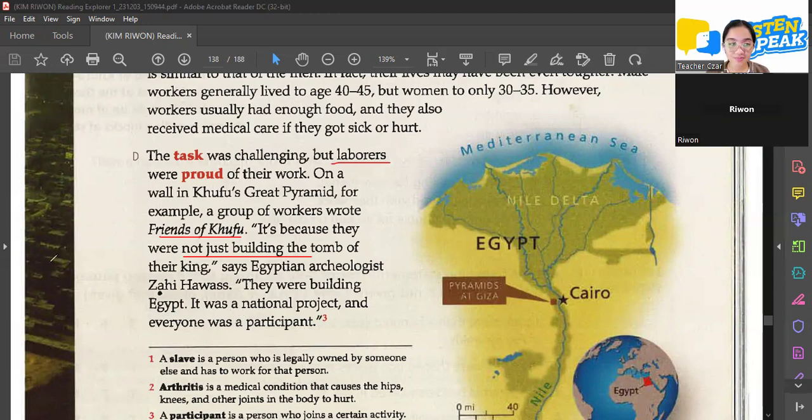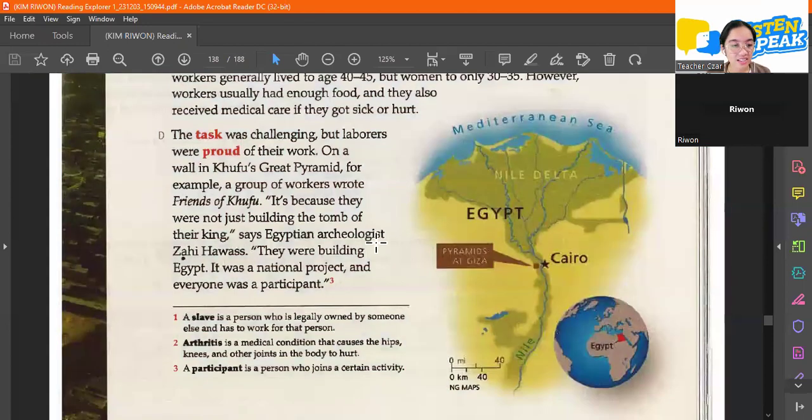Any questions? Okay, do you have any questions? No? Okay, so you have the slave here, a person who is legally owned by someone else to work for that person. Arthritis, a medical condition that causes the hips, knees, and other joints in the body to hurt.